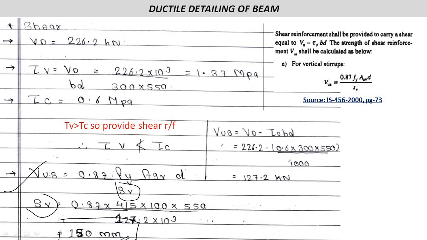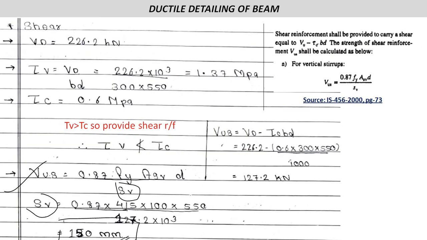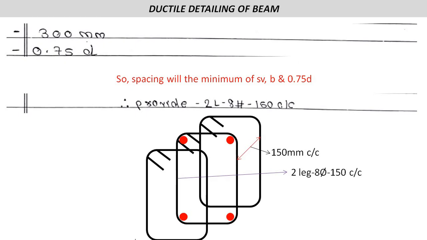The first condition is SV equals 150 mm, the second condition is 300 mm, and the third condition is 0.75 into D. From these three conditions, the maximum value we have obtained is 150 mm. So we'll provide two-legged 8 dia 150 mm center to center.